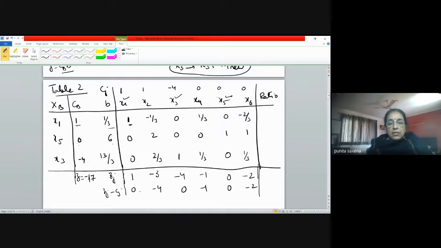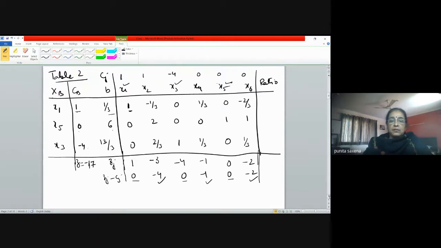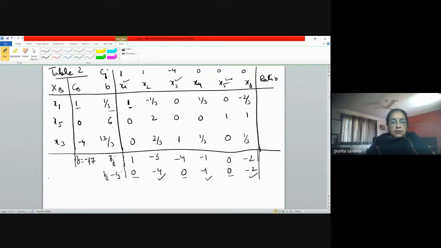What is Zj minus Cjs corresponding to these three? 0. That's perfectly fine. And what are Zj minus Cjs corresponding to non-basic variable? Minus 4, minus 1, minus 2. So are they all less than or equal to 0? Yes ma'am, all less than 0.